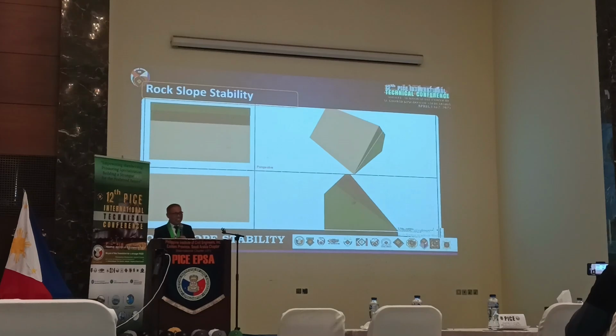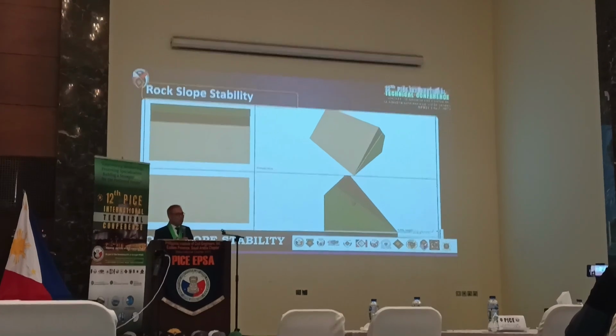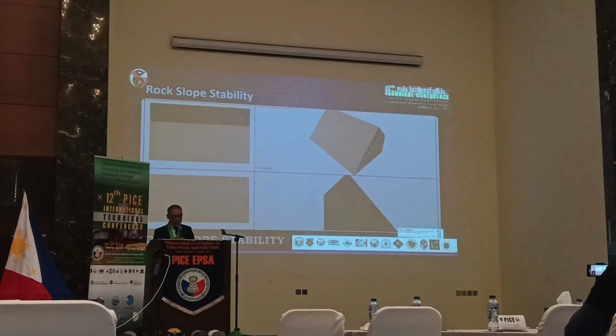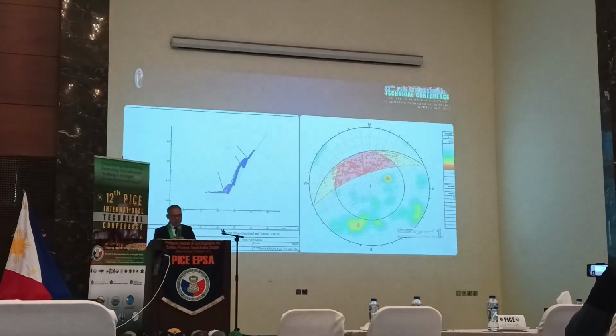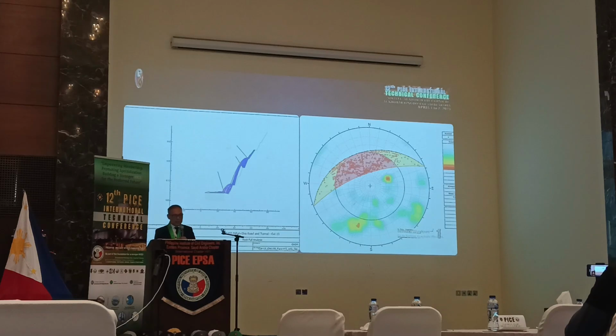See, this is just a highlight of how we do rock slope assessment. This is the planar rock plane assessment. It's not easy to do rock fall assessment because of too many factors being considered. That's why in the design, we allow rocks to fall on the road, like 2 to 5%, but not more than that.